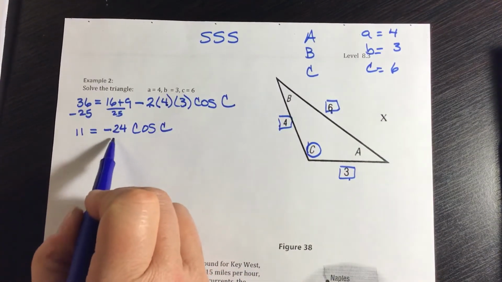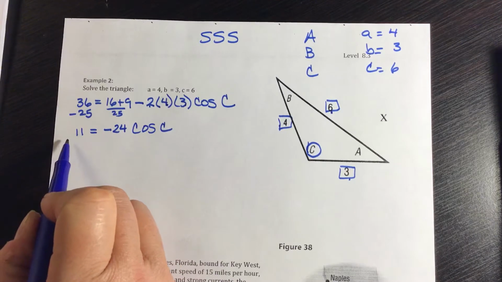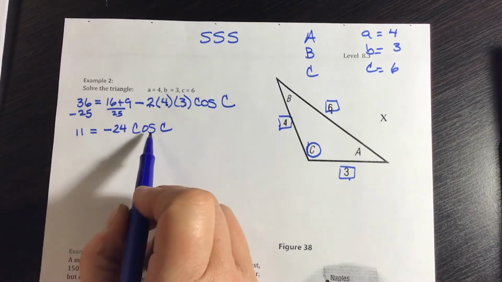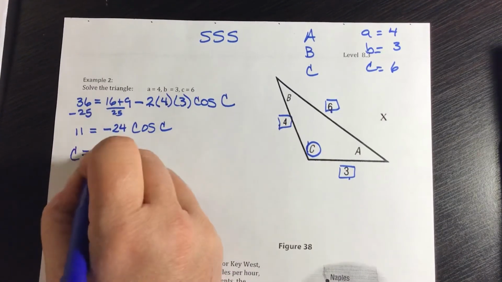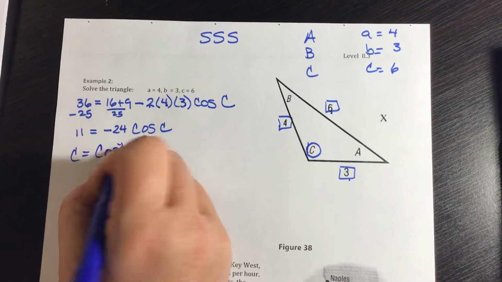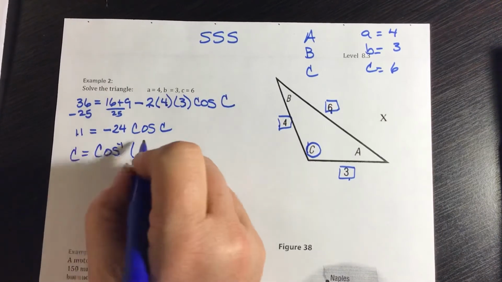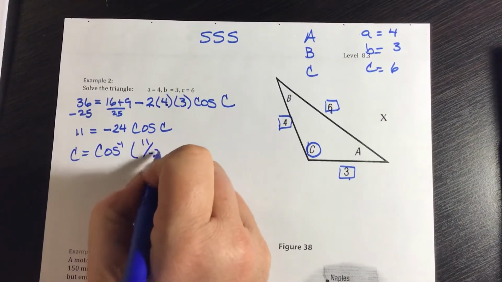So I need to undo and divide by negative 24 and then do the inverse cosine. So C is going to be the inverse cosine of 11 divided by negative 24.